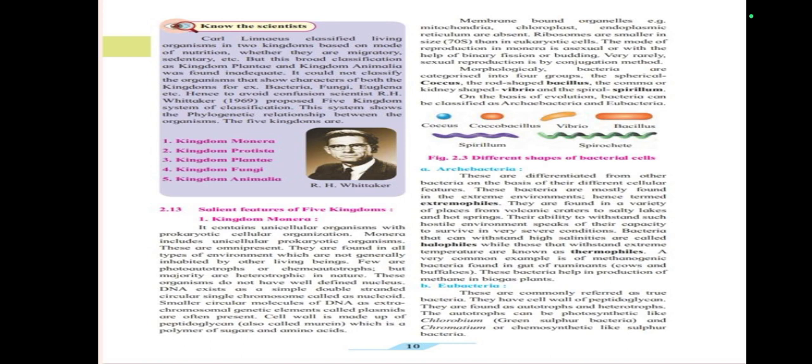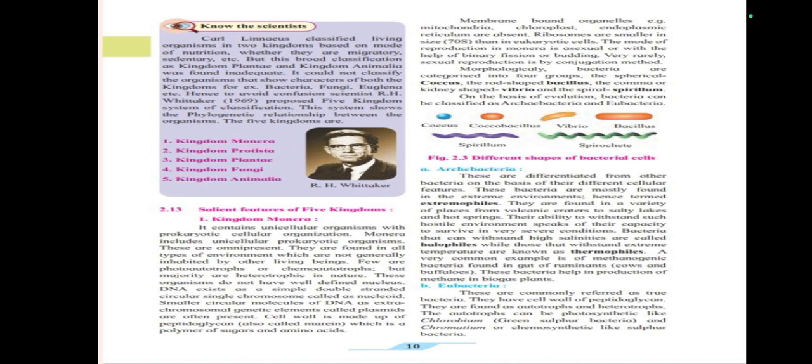Those that can withstand high salinities are called halophiles, while those that withstand extreme temperature are known as thermophiles. A very common example is methanogenic bacteria found in the gut of ruminants, cows, and buffaloes. These bacteria help in production of methane in biogas plants.